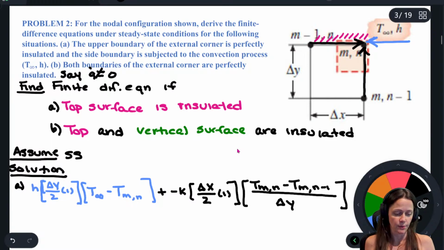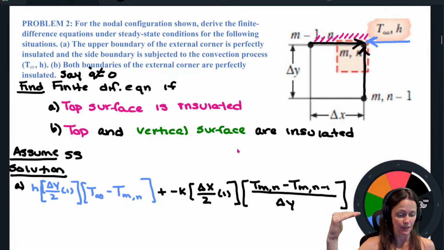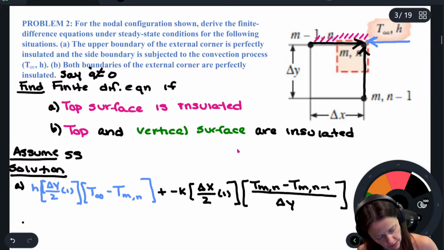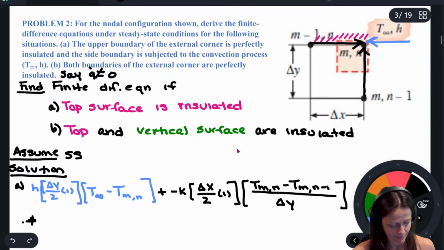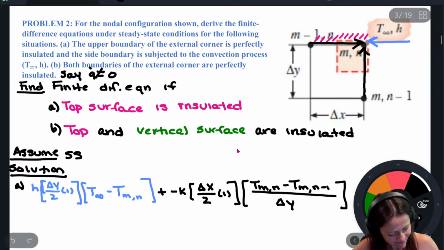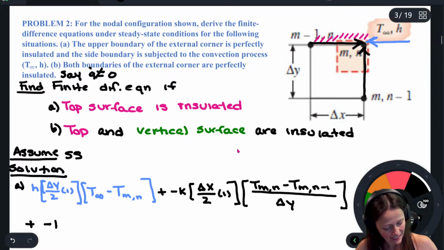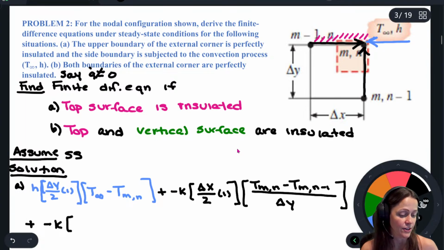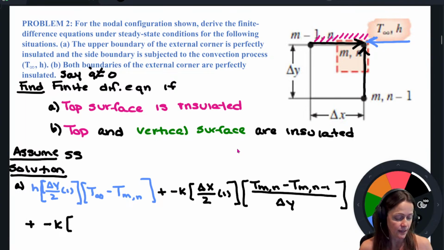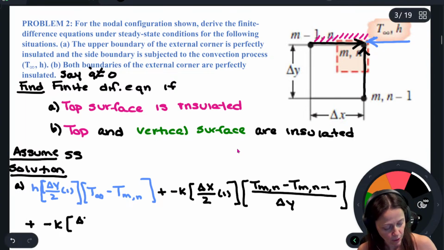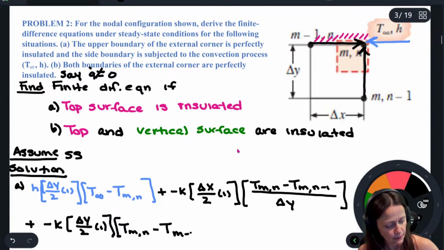Now we get the vector coming in from the left. So plus negative k, and that area is another half area, so delta y over 2 times 1, and then we have T m,n minus T m minus 1,n.